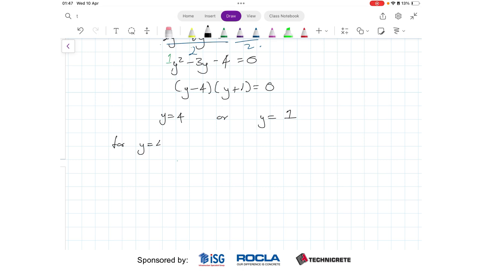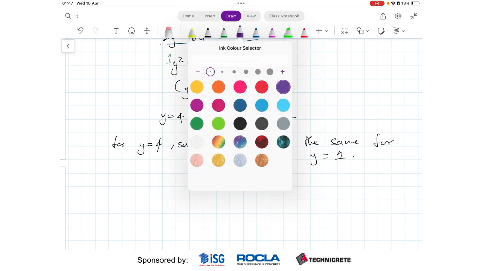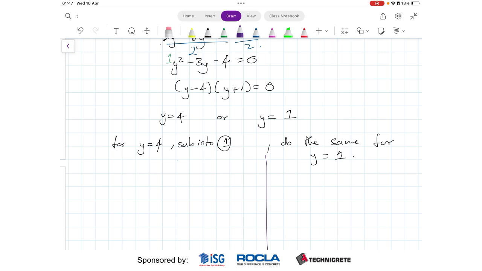For y equal to 4, we sub into 1. Do the same for y equal to 1. Now I'll just do that to separate out the two cases.